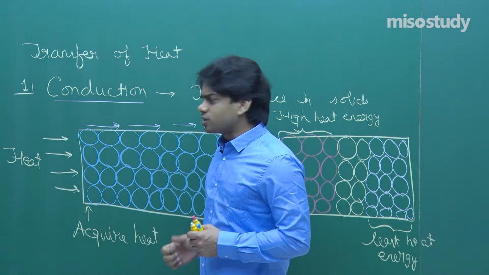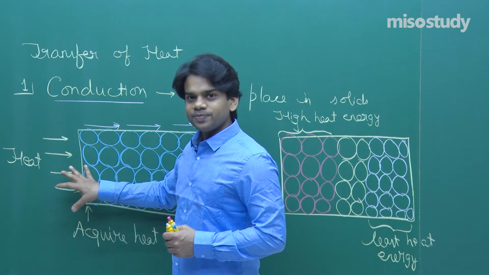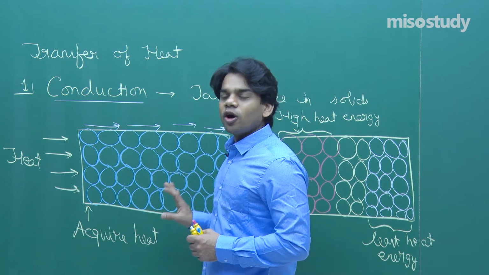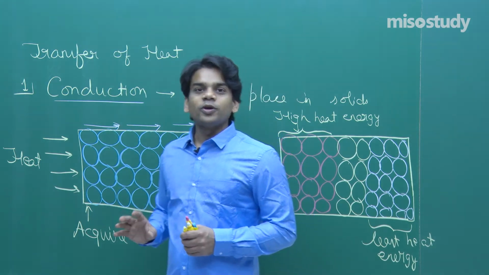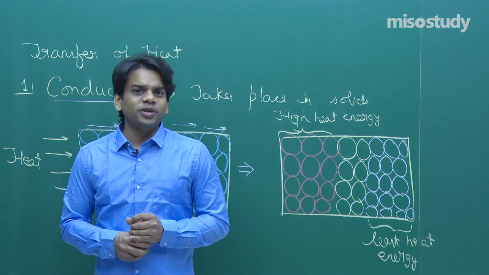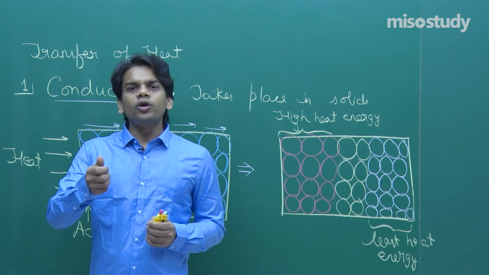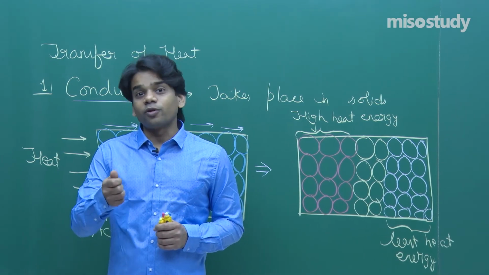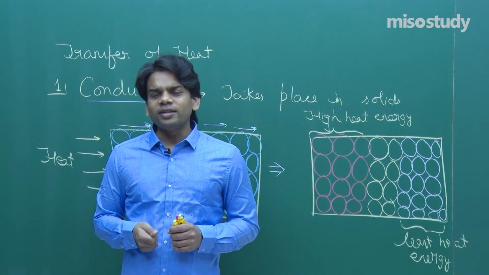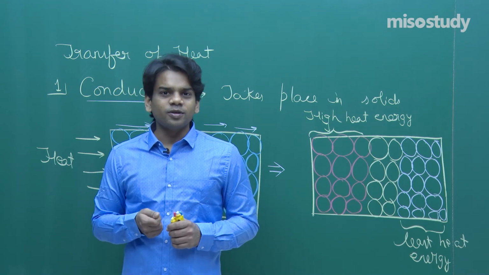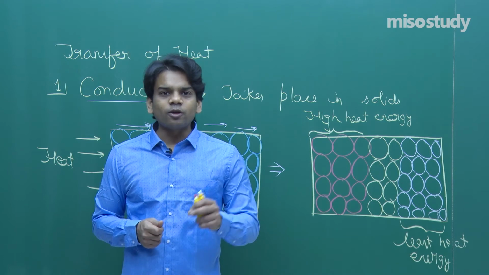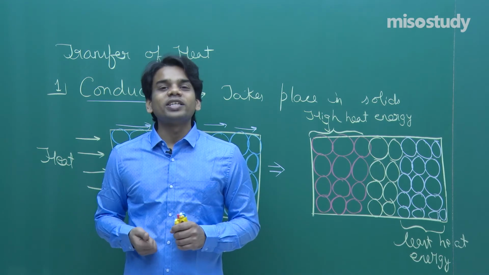Now what will happen in the process? If you go on heating it, you'll find that this heat energy will be transmitted to the entire rod, or let's say the entire object, so the entire object gets heated up. In your kitchen, if you have experienced cooking, you would find that if you hold a metallic object and put it on a flame, and there is no wood contact, you're heating at one end and your hand also gets heated up.